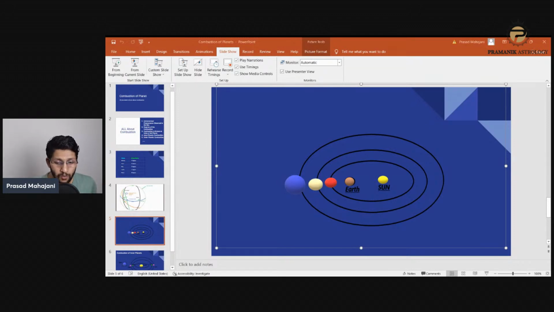Now go and check your chart. If you have combust outer planets, the planets like Jupiter, Mars, and Saturn, you will oftentimes see that they are opposite of the Sun when they are retrograde.